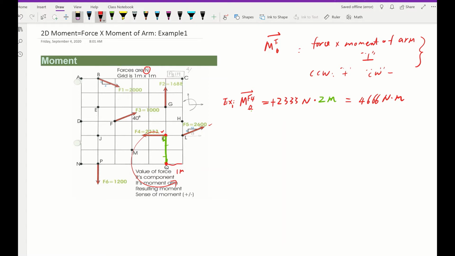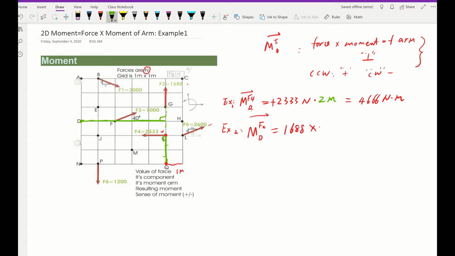Now let's look at a few more. Now let's look at a vertical force, which we have here, F2, and let's make F2 rotate about D. Again, the definition is force, which is 1688, times the moment arm. The moment arm is about D. Feel free to extend this force and draw from D to this force, and the perpendicular will have to be this length.